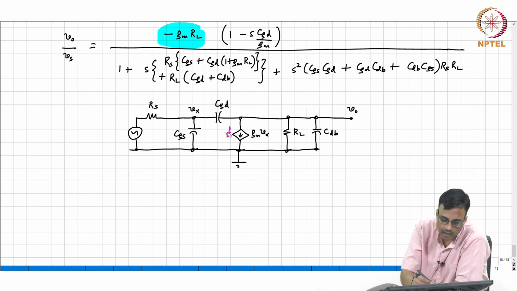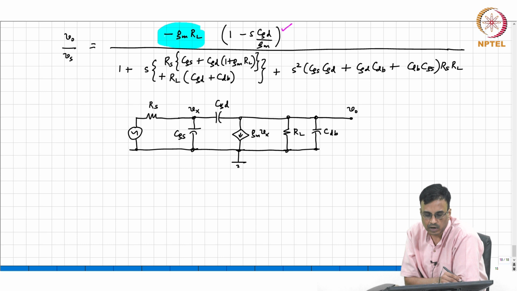So basically the bottom line is that, staring at the circuit, we see why we should expect to see a 0, because there are two paths for the signal from the input to the output. One is through CGD and one is through GM.